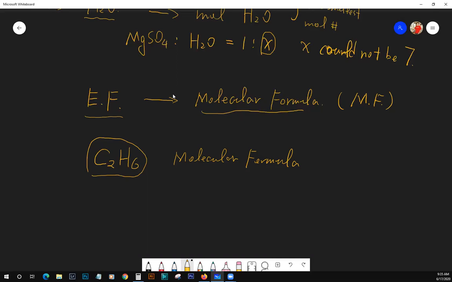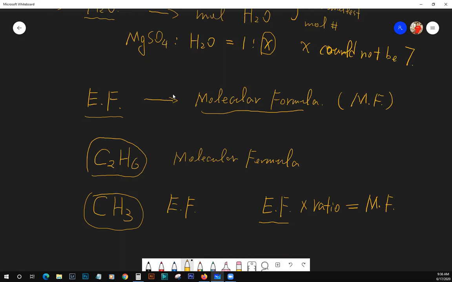When we figure out the empirical formula, generally we try to get the smallest whole number ratio. So the empirical formula is just CH3. This is the empirical formula for this ethene compound. What's the difference? The empirical formula times a ratio gives you the molecular formula. As long as you multiply by a ratio, you will figure out the molecular formula.